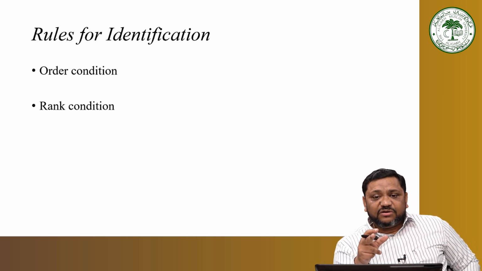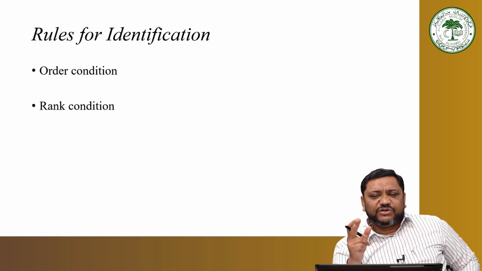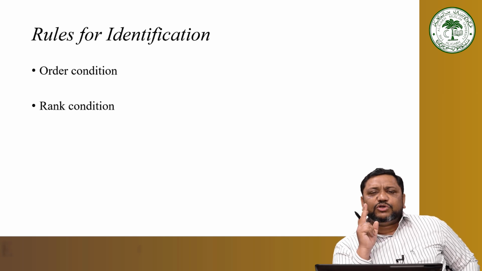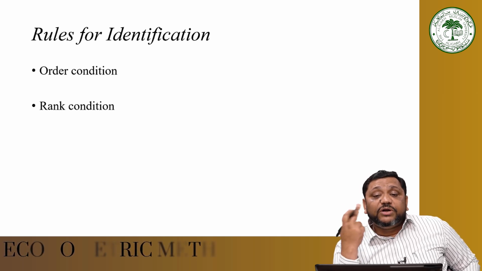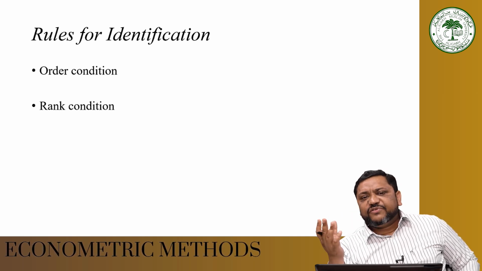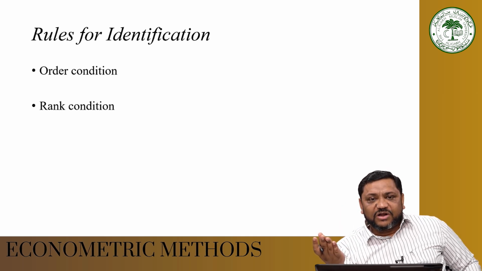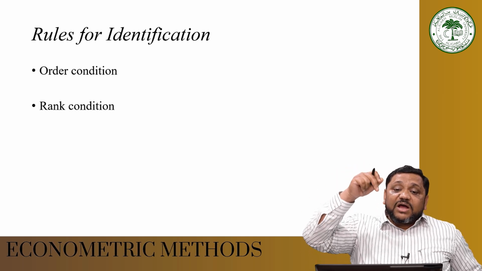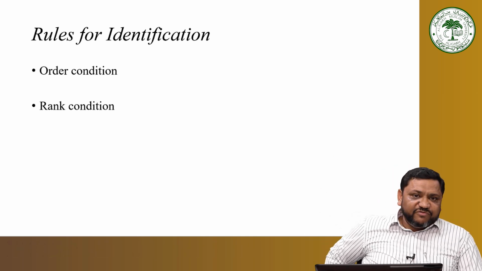And the rank condition: in a system of, say, G equations, any particular equation is identified if and only if it is possible to construct at least one non-zero determinant of order G minus 1 from the coefficients of the variables excluded from that particular equation, but contained in the other equations of the model.